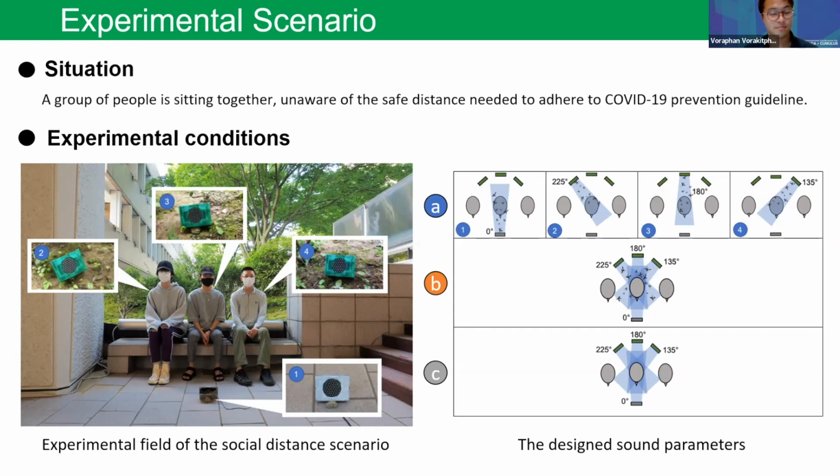First, for the experimental condition, we install four directional speakers surrounding the participants, and we prepare people on both sides beforehand to sit. And this experimental scenario we propose to use in an outdoor environment where it's open to the surroundings.